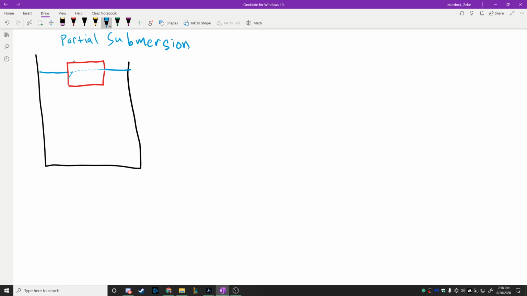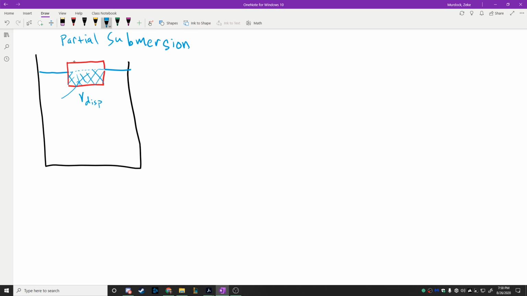Icebergs float on water. A piece of wood, you put it in water, it floats, partly in and partly out of the water. Boats, right? Part of the boat's underneath the water and the rest of the boat's on top of the water. You've got some amount of the object that is underneath the water here, and we're going to call that volume, up to the surface of the water, the volume displaced.